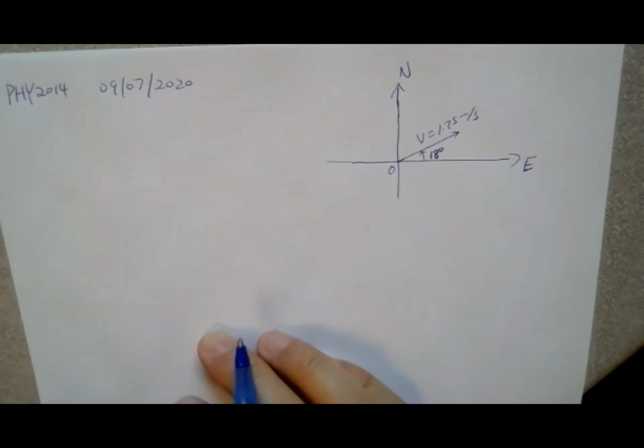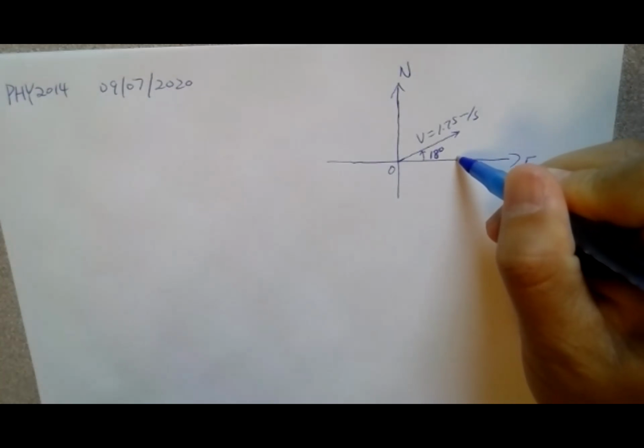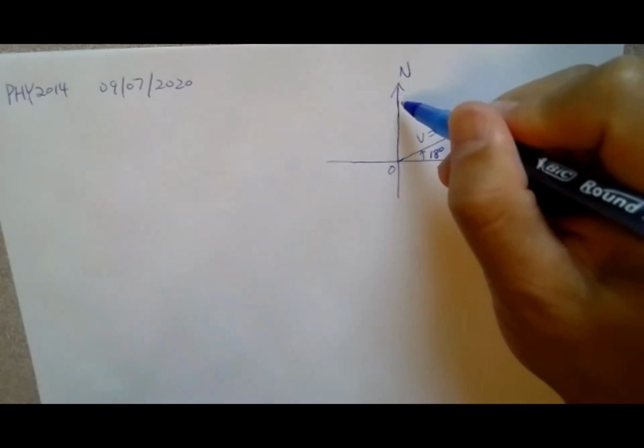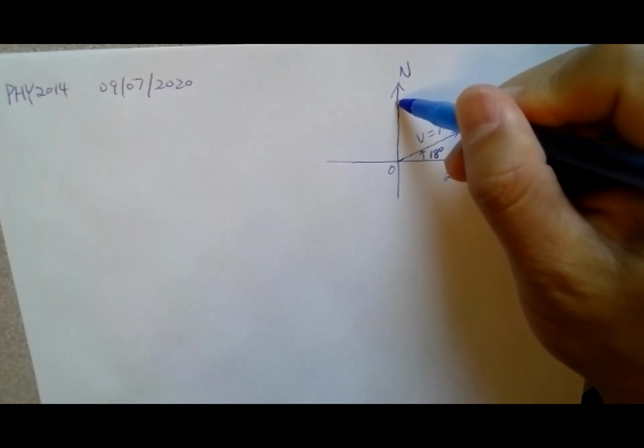It's asking you how much time it takes to change your position by A, 20 meters east, and then B, 30 meters north. So 20 meters east may be something like this. This is 20 meters. And then 30 meters north, so it's going to be somewhere like that.